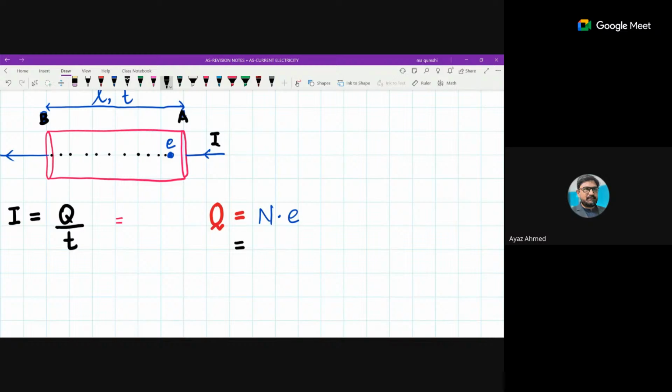So the total number of electrons is the number of electrons per unit volume into the volume of that material into the charge. Are you getting my point? This N is the total number of free electrons, not electrons per unit volume. But small n is the number of electrons per unit volume.